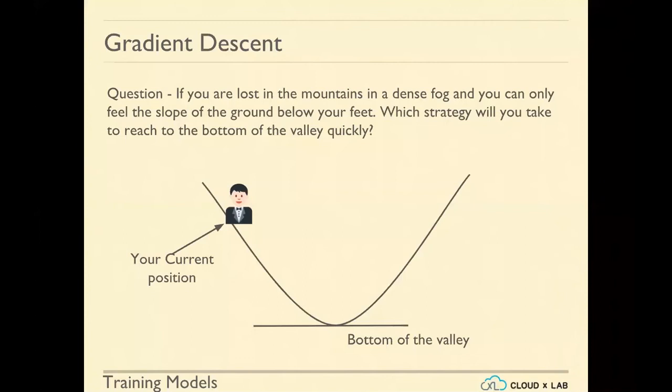In that case, when you know it's a steep curve, you would like to go really fast or take a bigger step, because the chance of getting to the bottom is very high here. Therefore, the steeper the slope, the faster gradient descent goes.